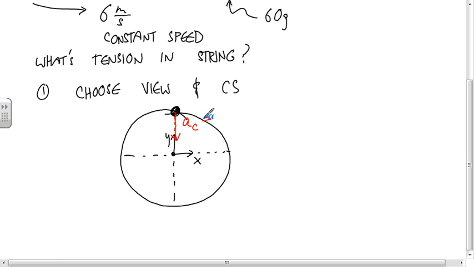And if you know the speed and you know the radius of the circle, you can calculate the magnitude. AC is always equal to the speed squared over r. So if it's 6 meters per second, that's 36 divided by 0.25.